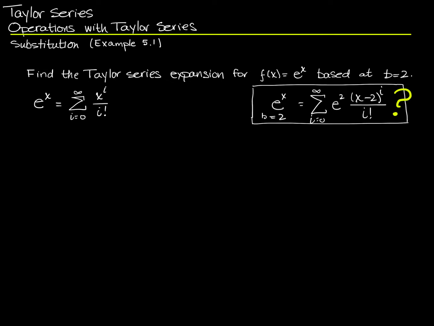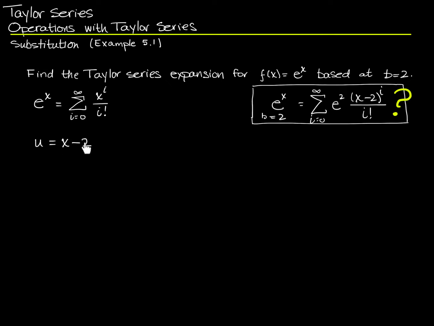So one of the things we can do is substitution. And substitution is, in a lot of ways, a lot like doing substitution in integral calculus. If I were in an algebra class, I would say, I want to shift this thing 2 units to the right. So let's substitute in something I'm going to call u.